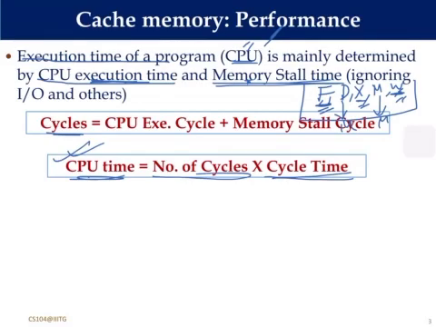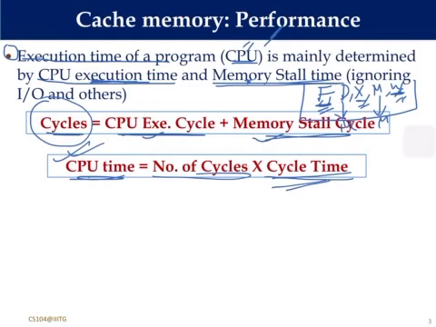Here we said the CPU time consists of the CPU execution time and the memory stall time. Put in terms of cycles, it is CPU execution cycles plus memory stall cycles. Once we get the cycles, we can multiply by the time to get the actual time.